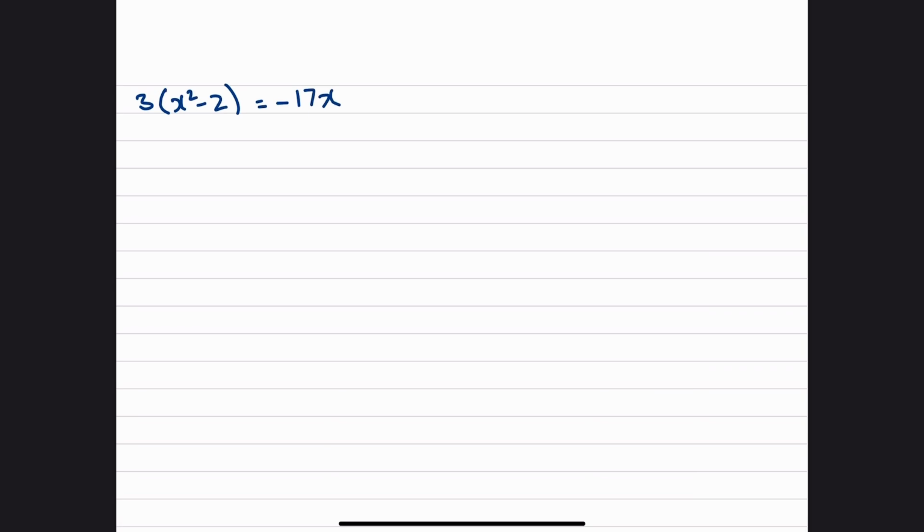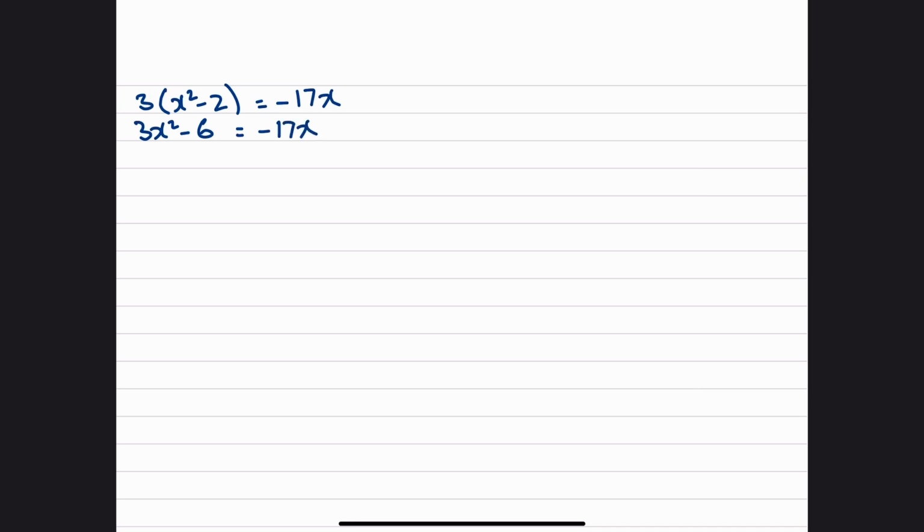So the first thing to do is obviously to get rid of the parentheses, and we do that by expanding it. 3 is being multiplied with this bracket, so let's just do that. 3x squared minus 6 equals minus 17x.